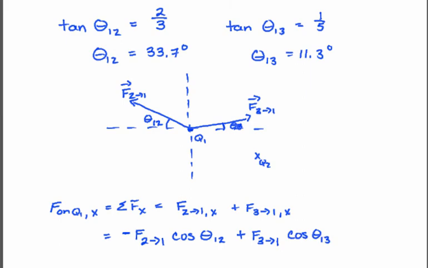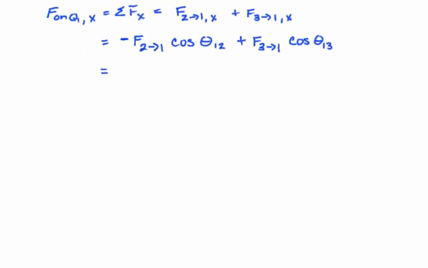If I start to plug in some numbers here, I get negative. I plug in my force due to charge 2 on charge 1 that you can go back and reference from above. Plug in my angle that we've already calculated.